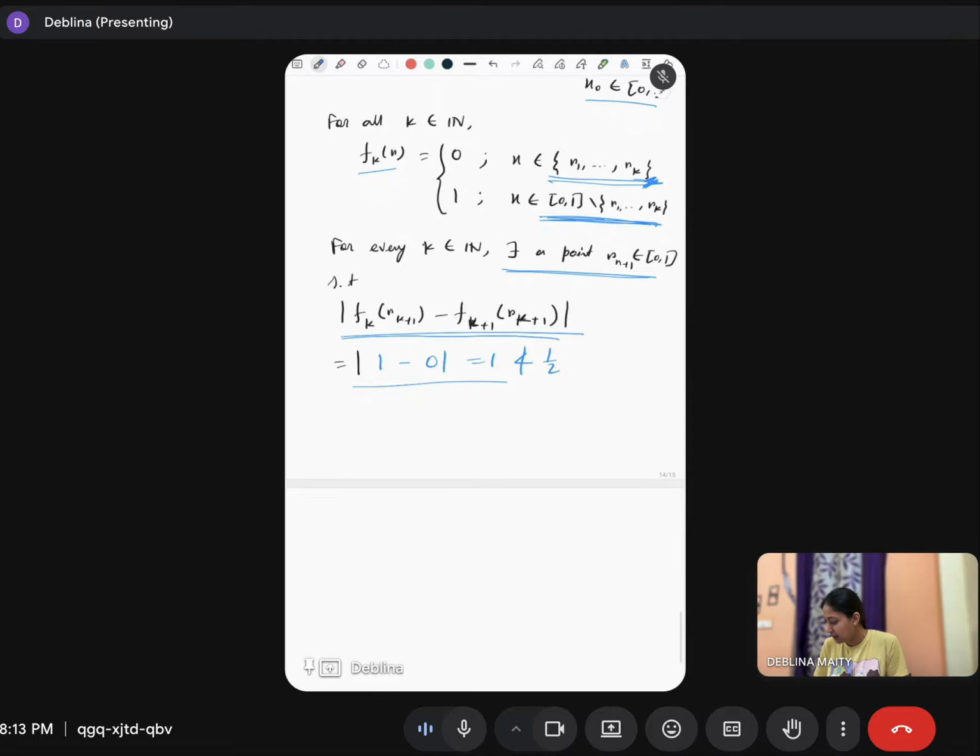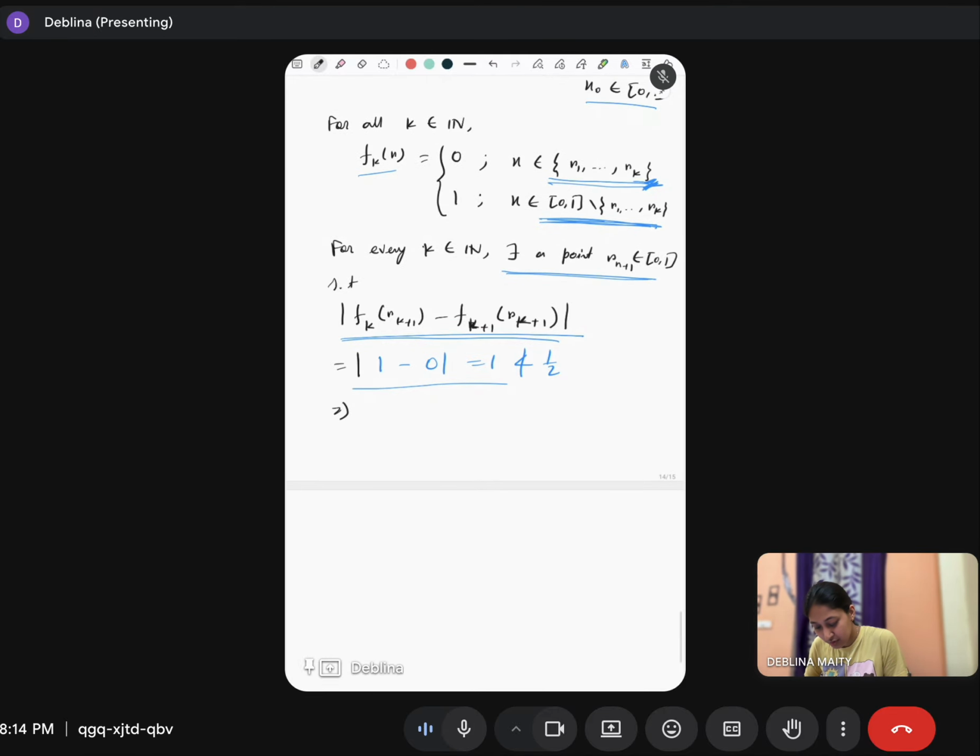So this implies there exists no natural number k that can be found such that this happens. So we have proved the negation of the Cauchy criteria.